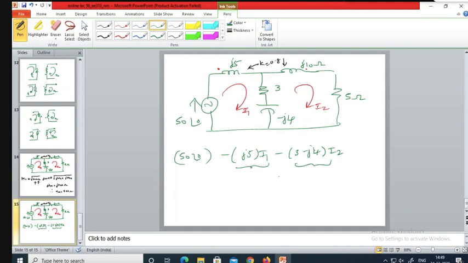How do we find the drop across the mutual inductance, and what is the polarity of the mutually induced EMF? It should oppose the self-induced EMF, which is the drop across the J5.